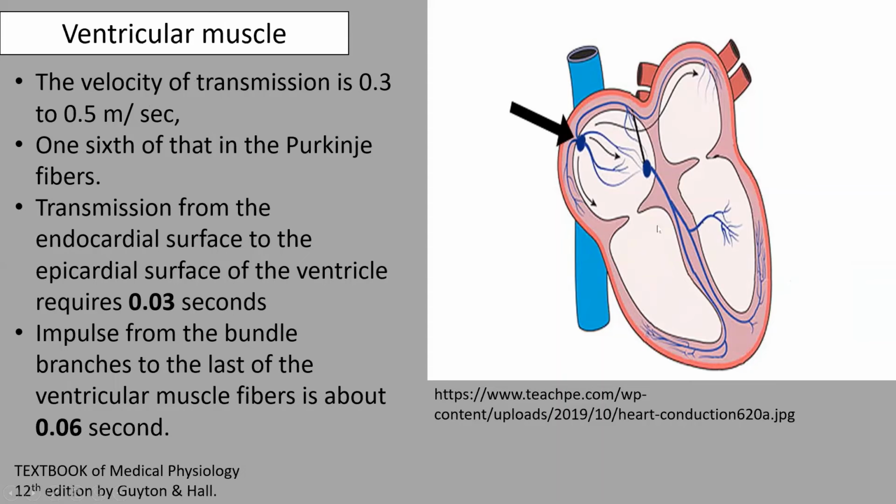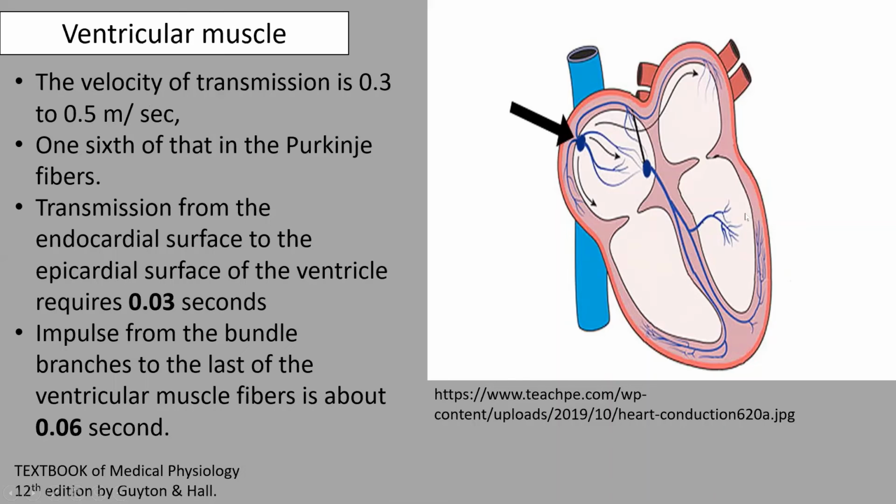Here we have to understand that the inner layer is the endocardium, and then we have the myocardium. The myocardium has the properties we are talking about, having the gap junctions and the conductivity. Then over the myocardium we have another layer, the epicardium. So the ventricular muscle, that is the myocardium, lies between the endocardium and the epicardium.